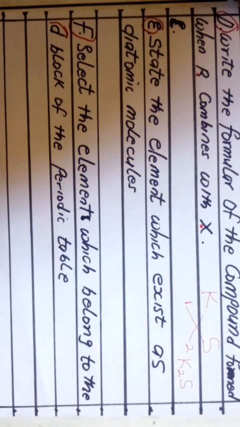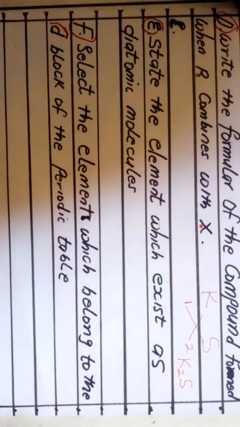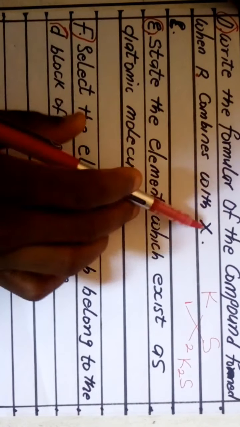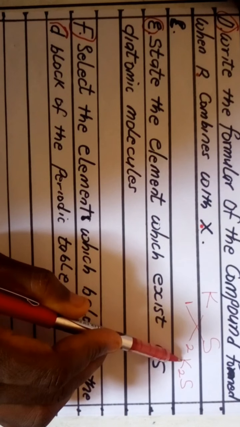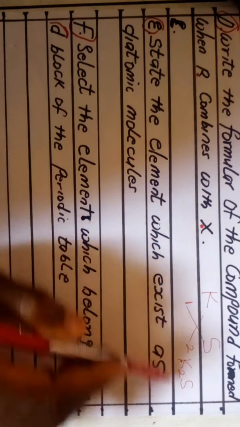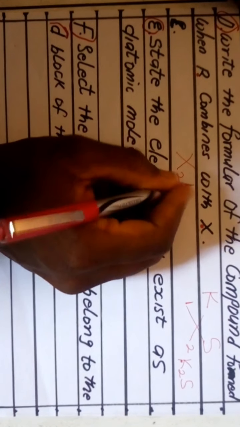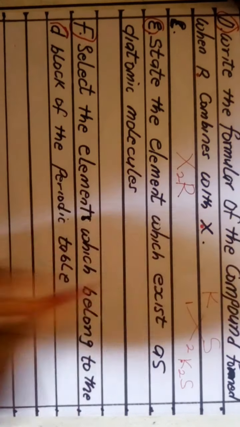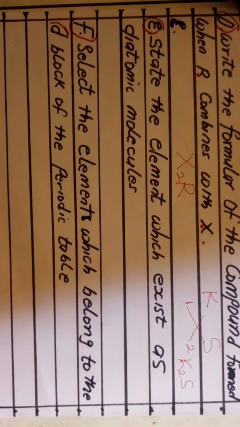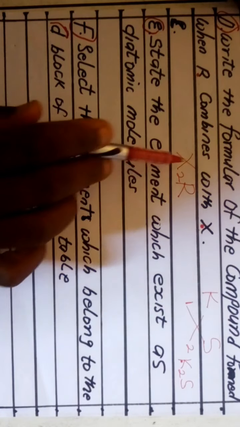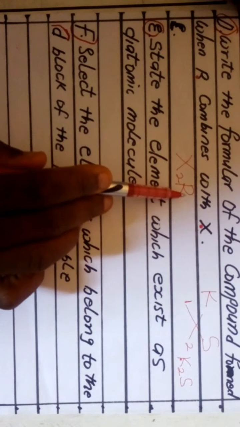But in this case, when R combines with X, X is K, R is S. So it's going to be X2R, that is K2S. So this is the answer.